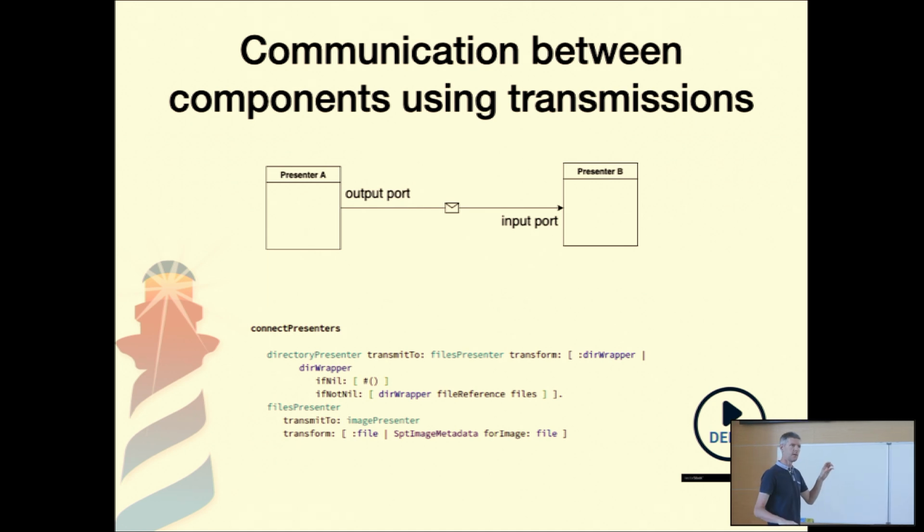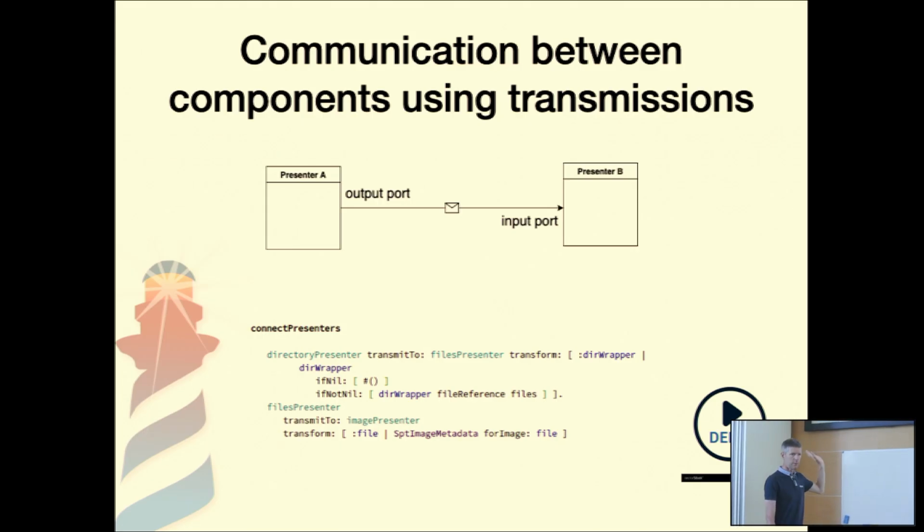The idea is that a presenter has a default input port and a default output port. Sometimes they are the same. So the idea is that a presenter A can transmit information automatically to a presenter B through the different ports.